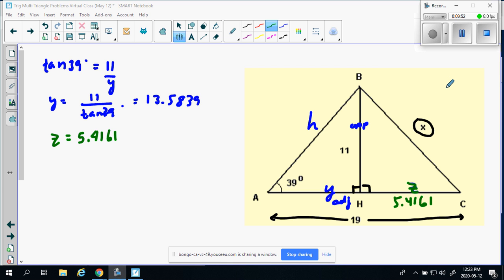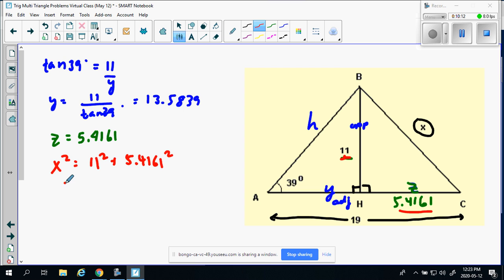In order to find X, the easiest way is to use Pythagorean because we have this and we have this. So to find x squared, you're going to have 11 squared plus 5.4161 squared. So I'll square that, add it to 11 squared, and I'm going to get 150-ish, but then I have to take the square root.